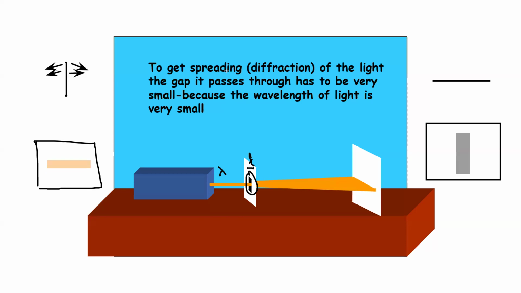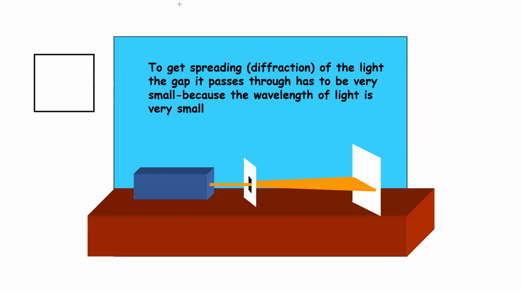What if we have a circle, meaning a small opening? What diffraction pattern will we observe? If you draw the directions, the wave will spread out in all directions. So on the screen, we will observe a diffraction pattern as a circle.